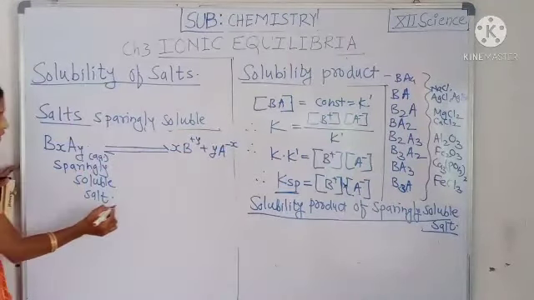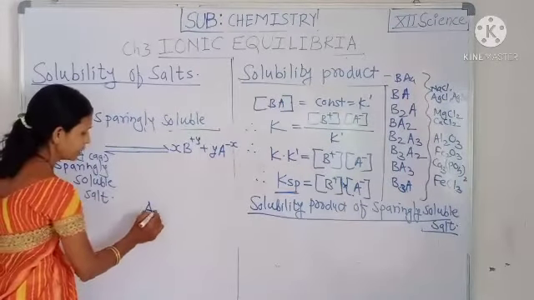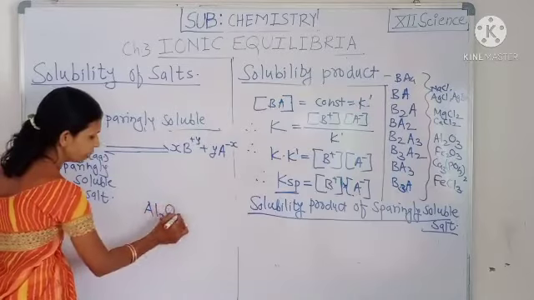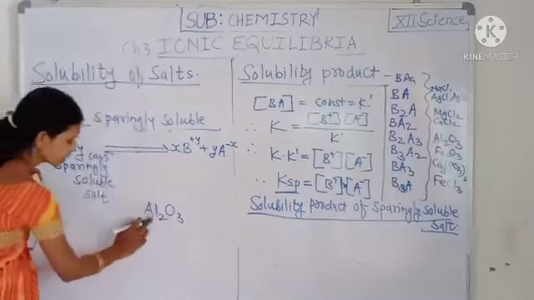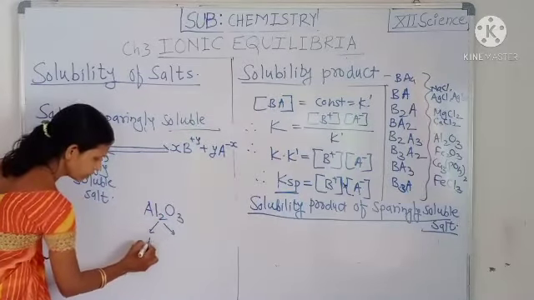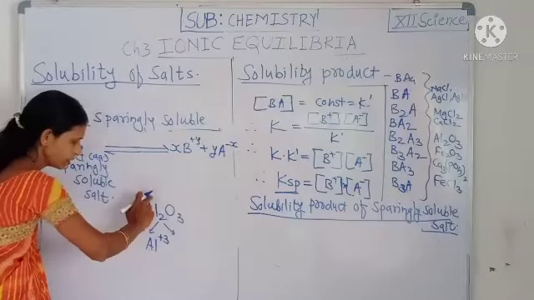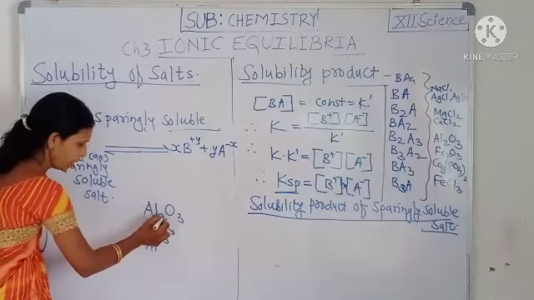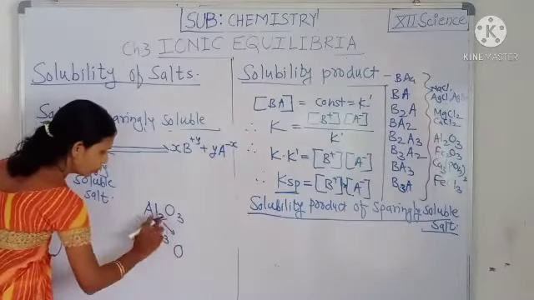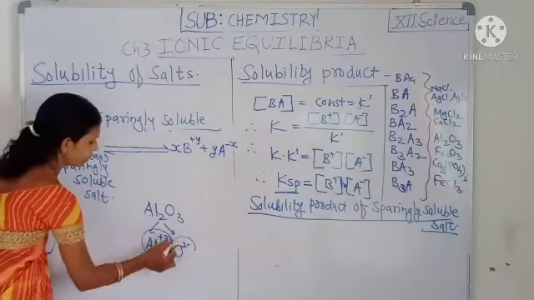For example, Al2O3, when it dissociates, gives 2 Al3 plus and 3 O2 minus ions.